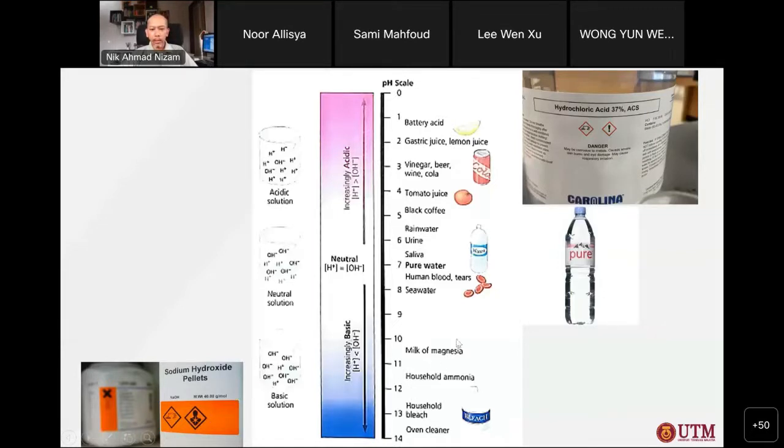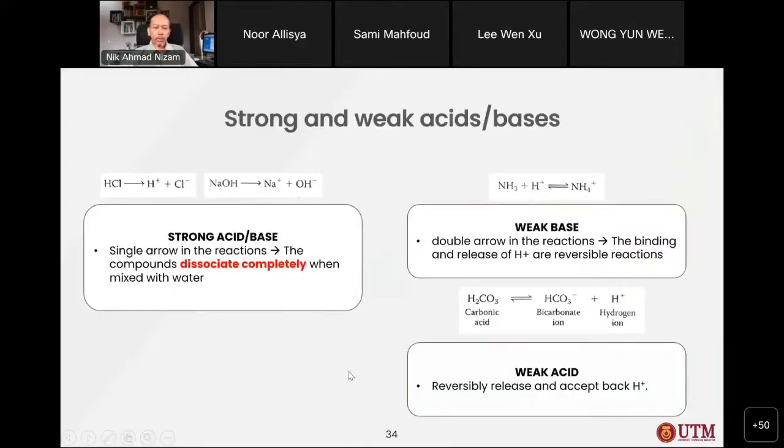However, milk of magnesia, a weak base, we can consume. So there are actually strong and weak acids. Strong acids or strong bases cannot be eaten; they are very hazardous to humans. However, weak acids and weak bases can have interaction with humans.